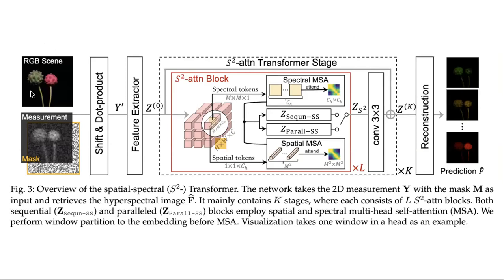So first, for the measurement, we have shift and the product and the Y prime and the feature extractor. The feature extractor is implemented by layer norm, and actually by 3x3 convolution layers, and then we get the feature, which is Z in the zero stage.